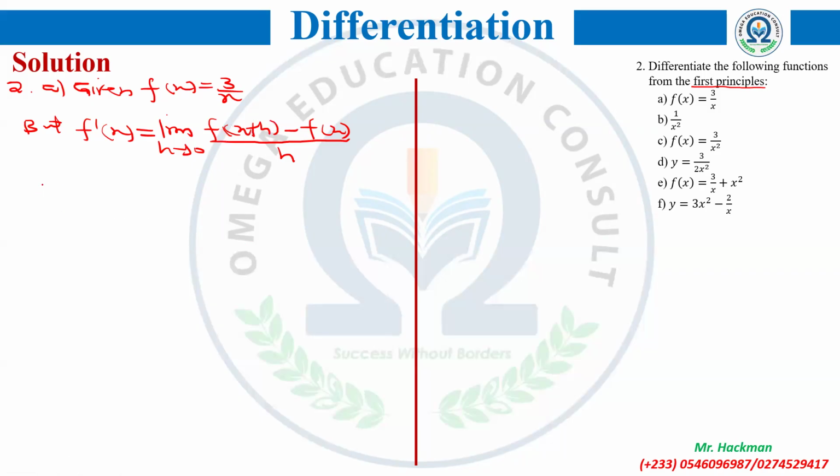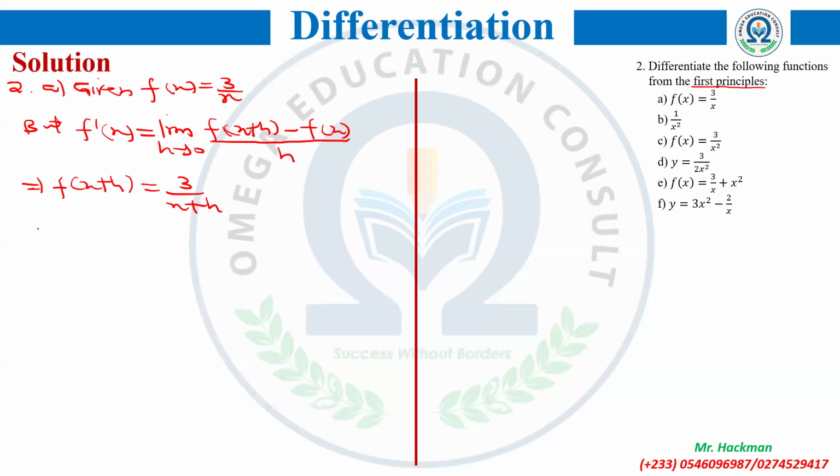So my f of x plus h will be equal to 3 over x plus h. Do you agree? Yes, please. Now we can substitute our parameters.